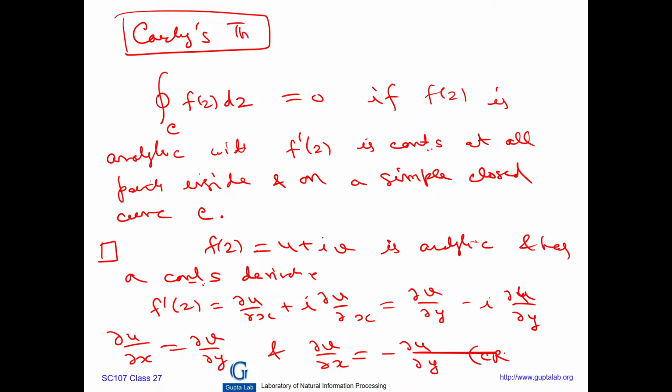These are our CR equations. f of z is analytic, so I have written what is known, right? The derivative will be given like this, the Cauchy-Riemann equations are satisfied, and all these partial derivatives are continuous inside and on the closed curve C.